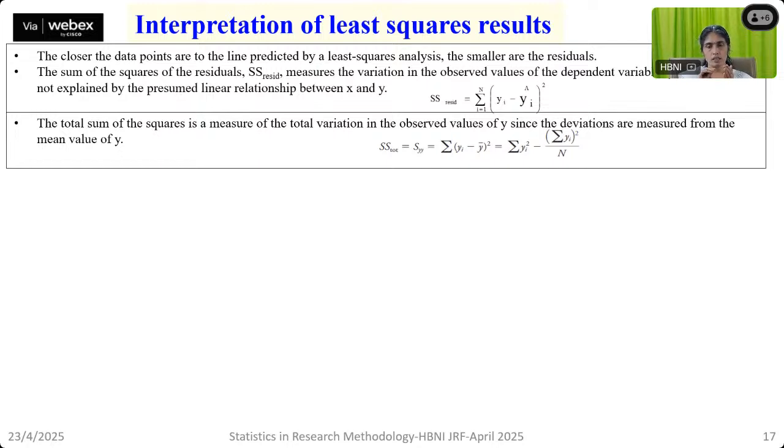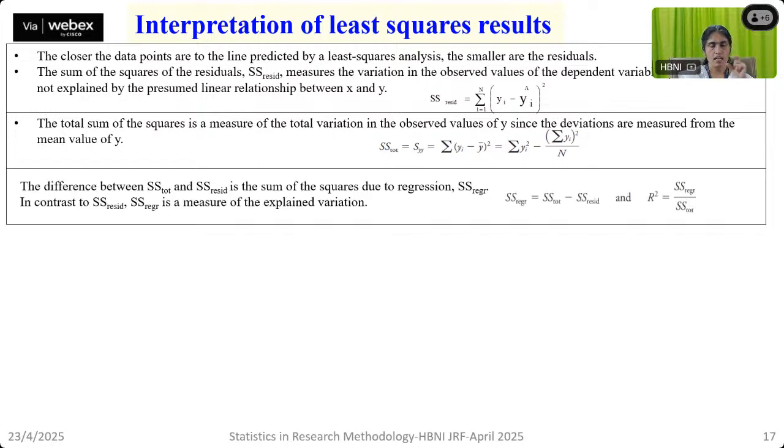It is nothing but the summation of the difference between the measured value and the midpoint value, squared and summed. That way, the total sum of the squares is calculated. And whatever is the difference between the total sum of the squares and the residual sum of the squares is the explained variation.